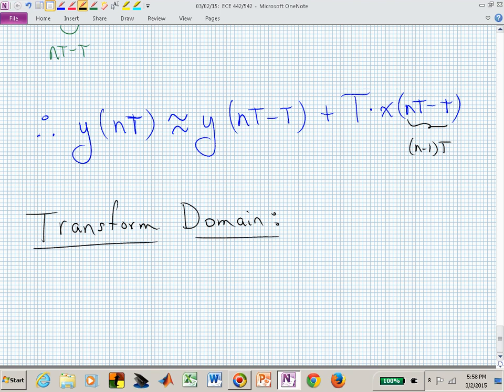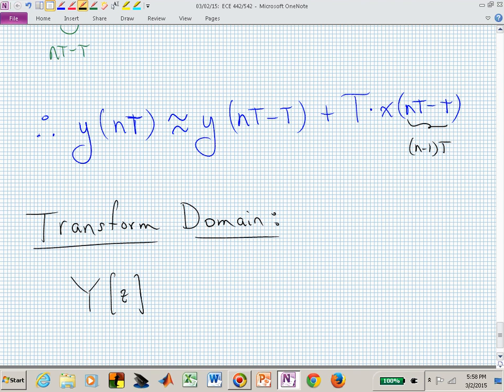So let's just define the z transform of little y of nT to be capital Y of z. That makes this development fairly straightforward. The left side I'm simply going to call capital Y of z.